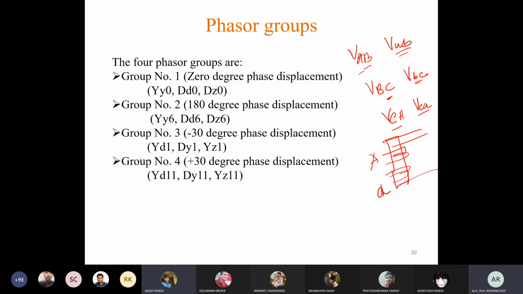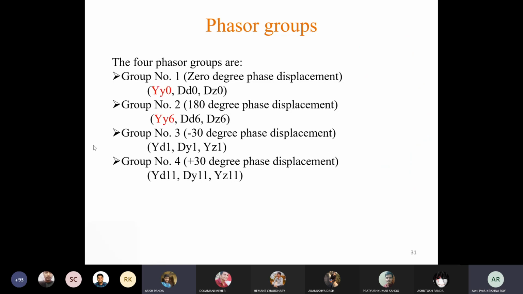Since they are placed on the same limb, the angle between A phase and small a phase is always 0. They are in phase. Similarly for B phase and C phase. So these things you have to remember while drawing the phasor groups or connections. Okay, so first of all, let us consider the simplest one, YY0.